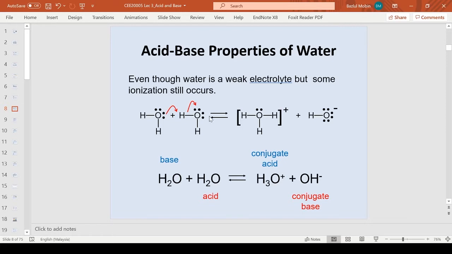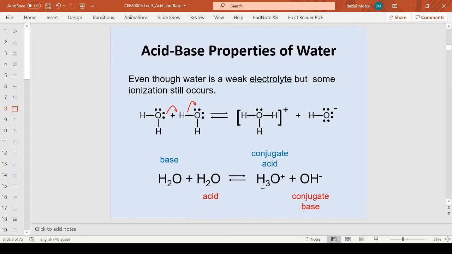Oxygen is very electronegative compared to hydrogen, so it attracts the electrons towards itself, and then they produce this hydroxyl and hydronium ion. So when they produce a hydroxyl and hydronium ion, that means one is taking a hydrogen, another one has to liberate that hydrogen. The molecule taking the hydrogen is acting as a base, and the one liberating is acting as an acid.